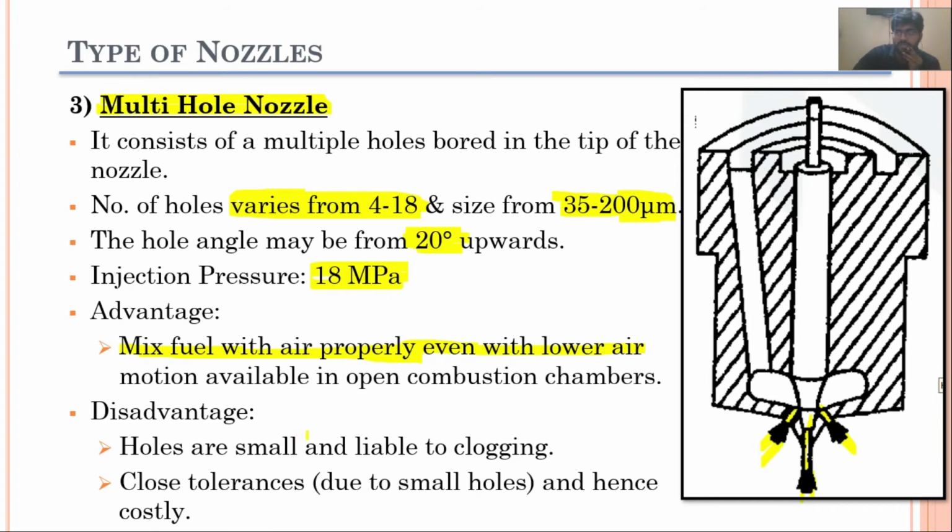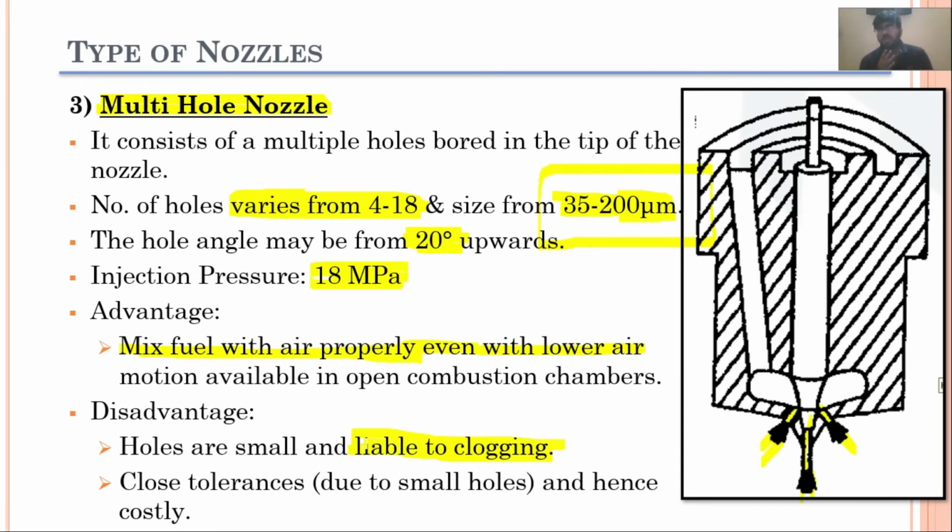And what are the disadvantages? Here you can see that since we have multiple holes, and the diameters of these holes are quite small as well, because of these very small diameters there is a very high probability that we may have clogging in these holes.